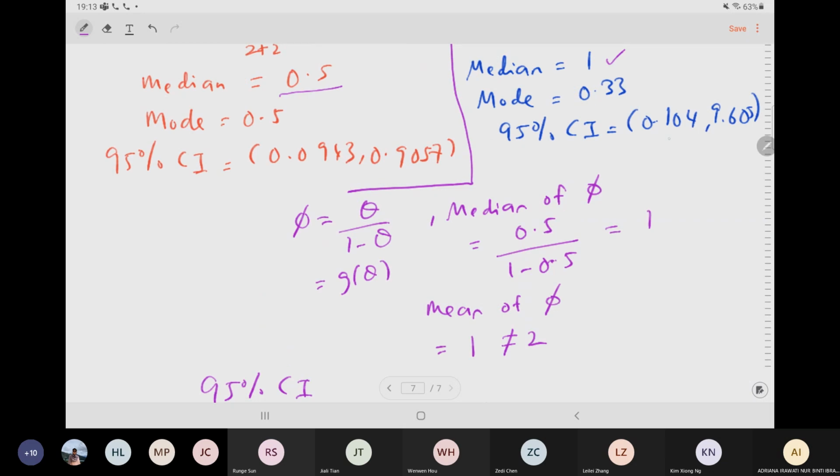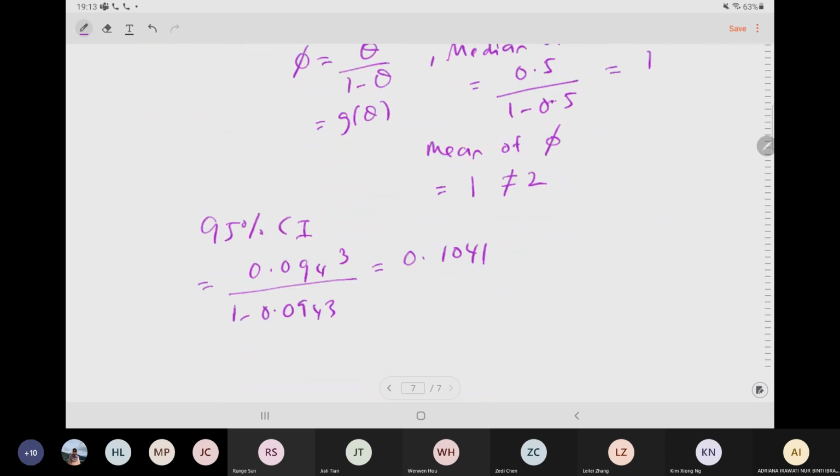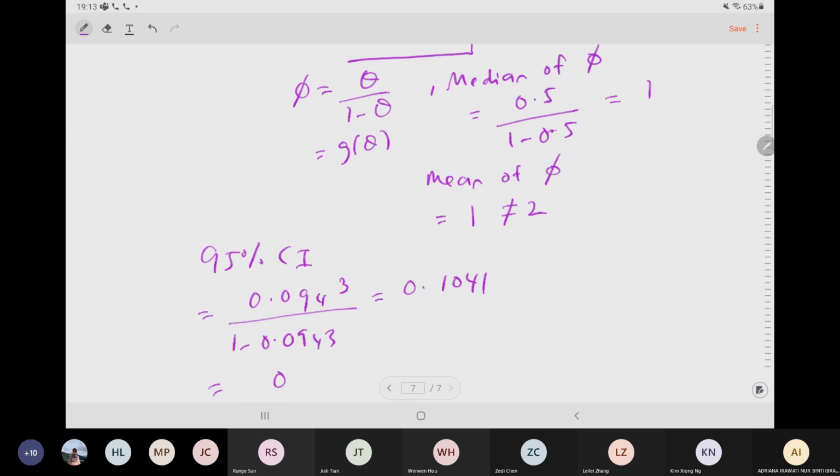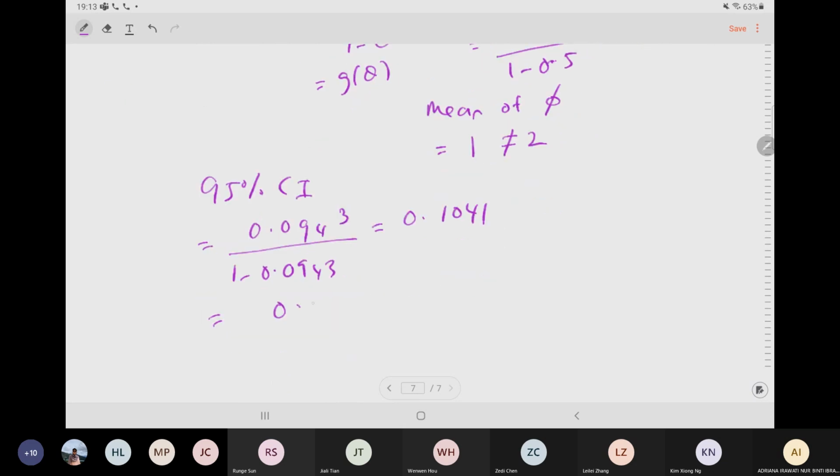If you look over here, it's equal to the lower limit of the credible interval for your F distribution. And for the other side, I put 0.9057, over 1 minus 0.9057, and it's equal to 9.6045.